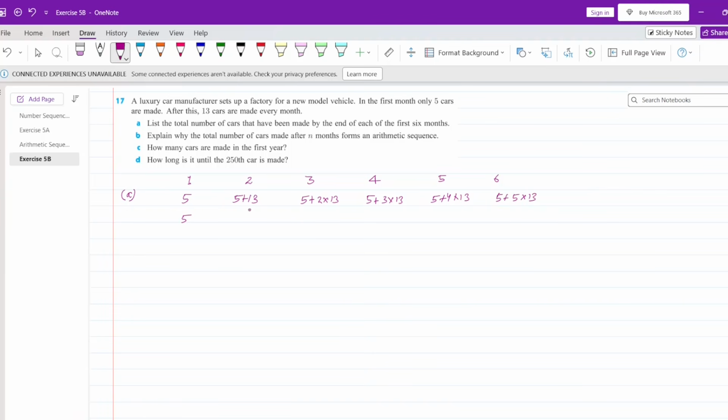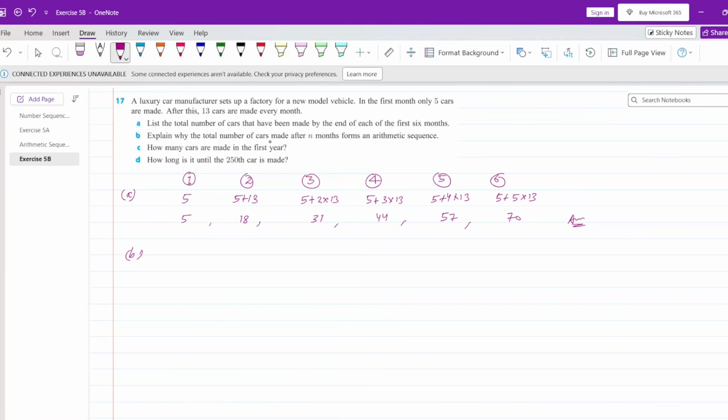So we can say this is 5, this is 18, this is 31, this is 44, this is 57, and this is 70. So we have done part A.